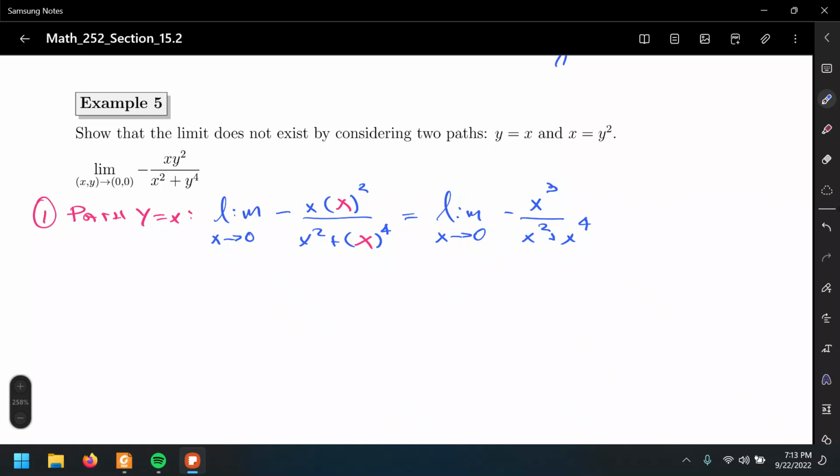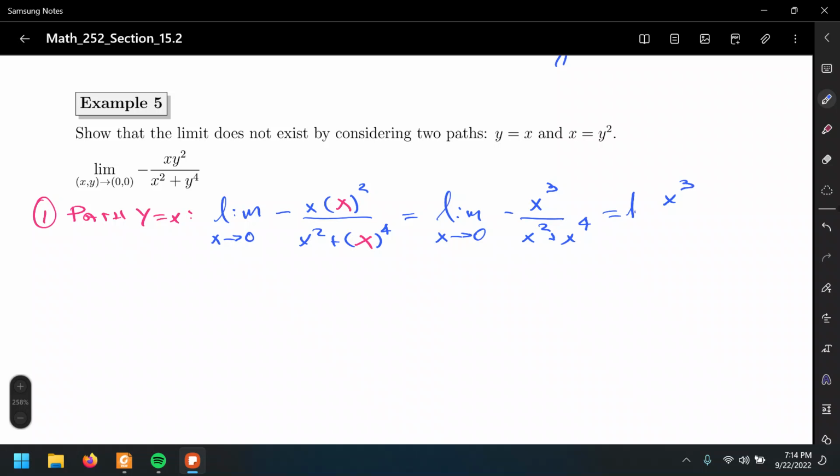Well, there's a couple of things that we can do about this limit. I mean, we can factor out x squared from the denominator and then divide out x cubed over x, but we can go with the shortcuts from calculus 1 or from pre-calculus, which actually, well, no, you know what, we can't do that because we're not at limits at infinity. Never mind. So we will have to do the algebra.